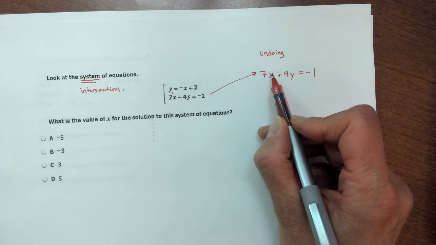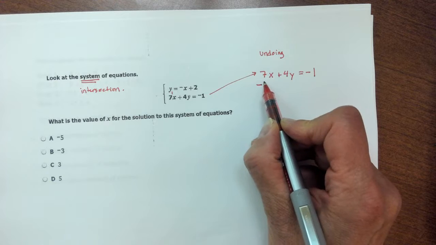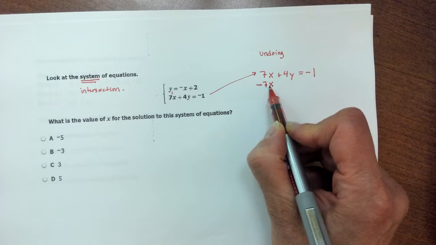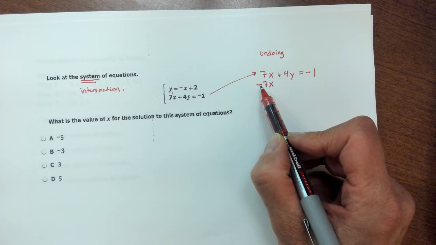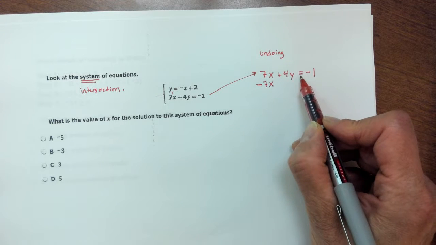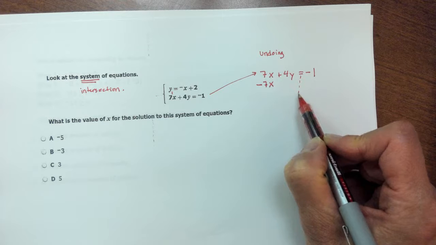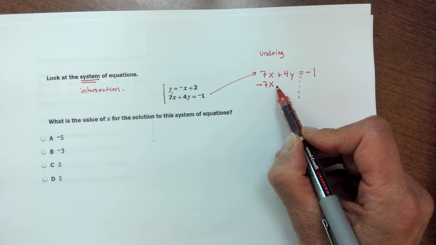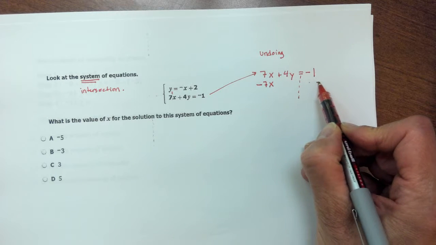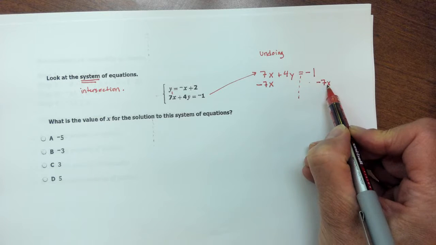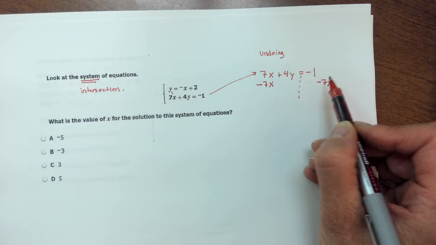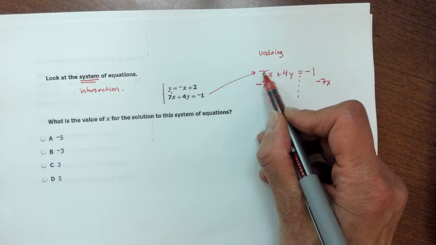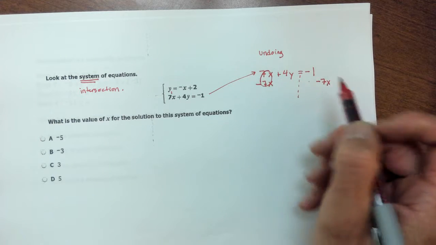So I want this to go away. Go away when I'm adding means it's going to turn into a 0. So what makes 7x turn into a 0? A negative 7x. Be careful, be mindful of that equal sign. I have the negative 7x on the left, so I'm going to put a negative 7x on the right. I intentionally did not put it underneath that bugger because they don't get added together. So this by design became a 0.